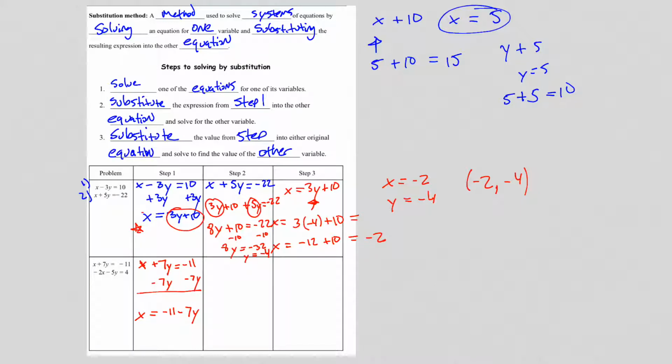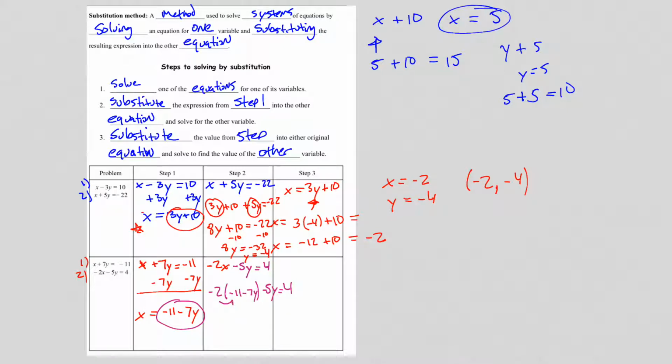Now that I know what x is equal to, let me substitute into the second equation. Negative 2x minus 5y is equal to 4. I know x is equal to negative 11 minus 7y. Negative 11 minus 7y, all that minus 5y is equal to 4.